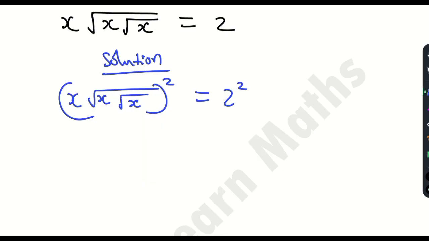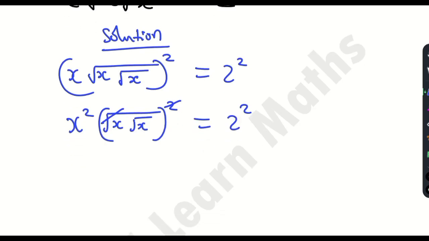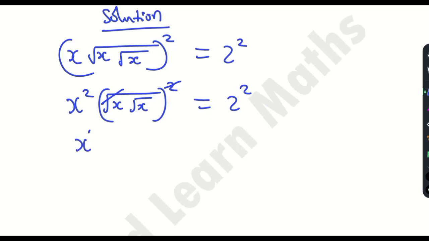It's going to be written as x squared and then root x all squared. This is equal to 2 squared. Observe again, square will cancel this square root. And what am I going to have? x squared times x root x is equal to 2 squared.